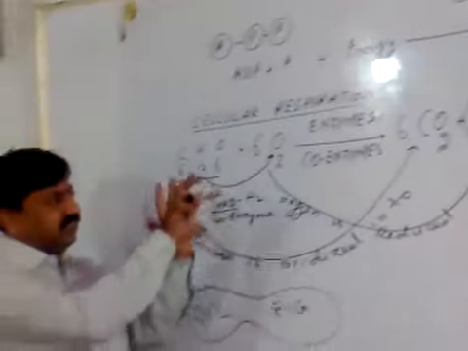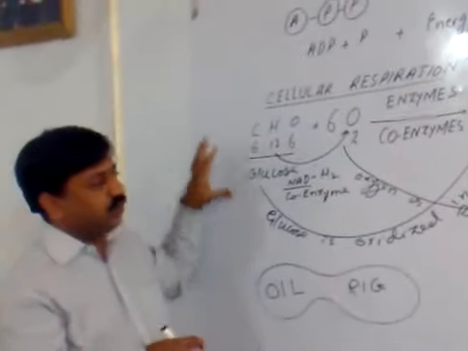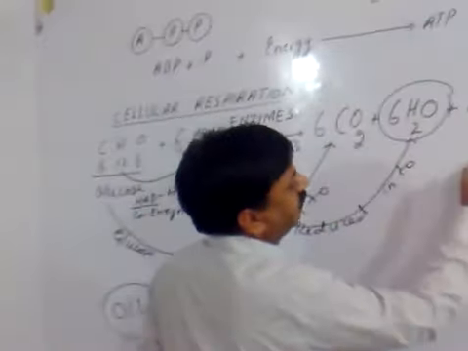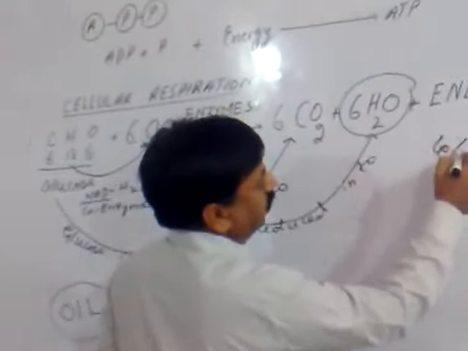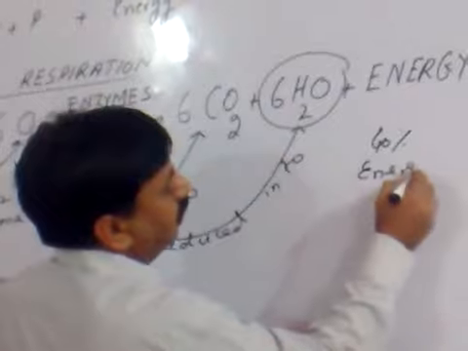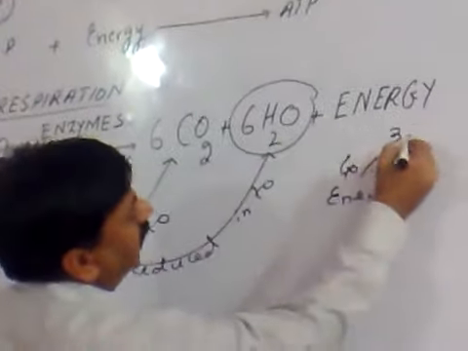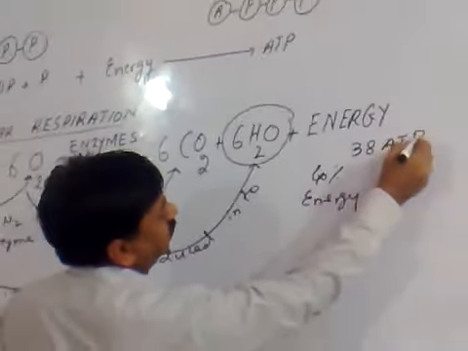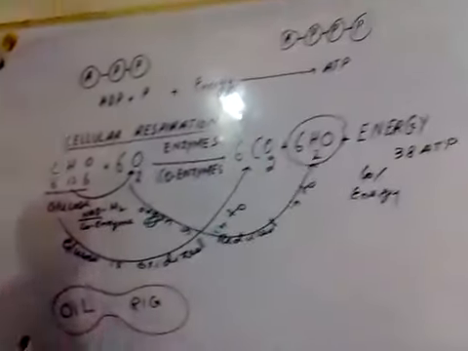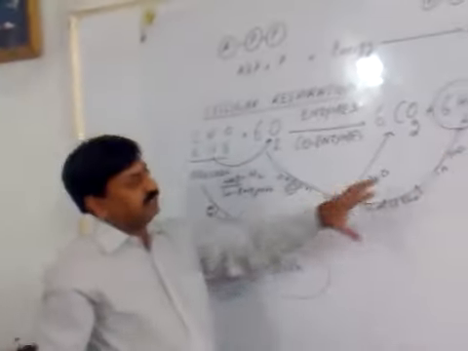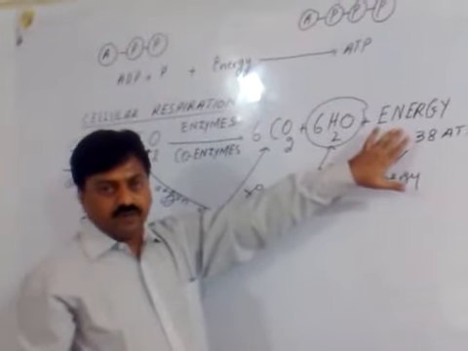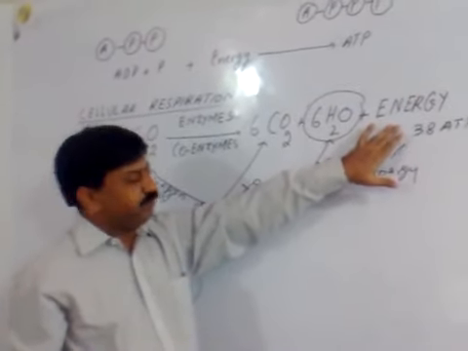Of the energy released during the breakdown of glucose, only 40% is utilized to form 38 ATP. When the glucose is broken, it releases energy for making 38 ATP.